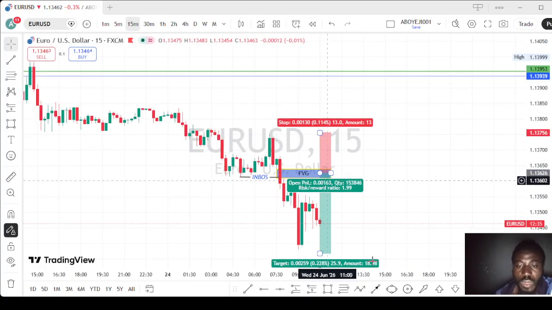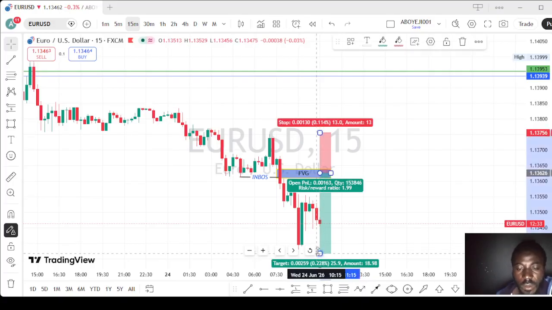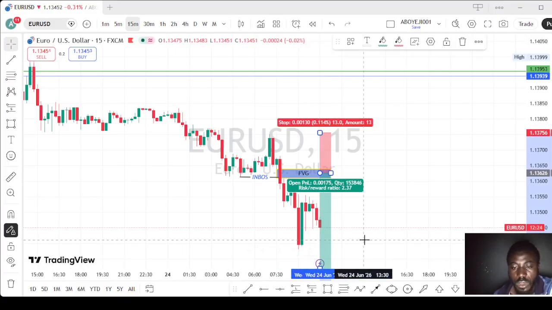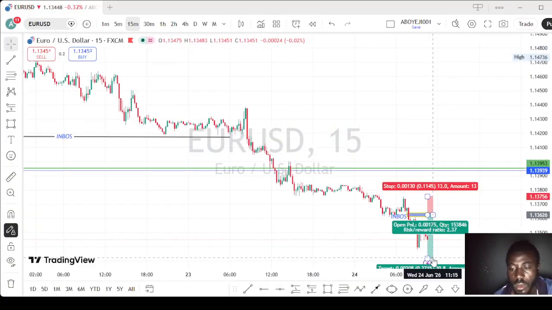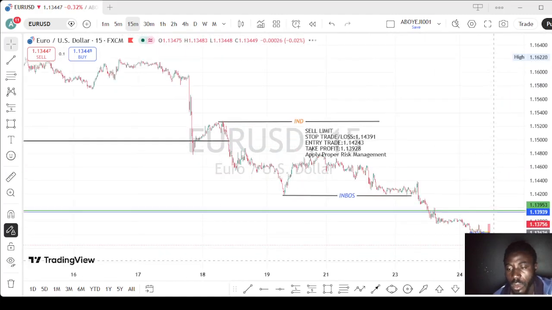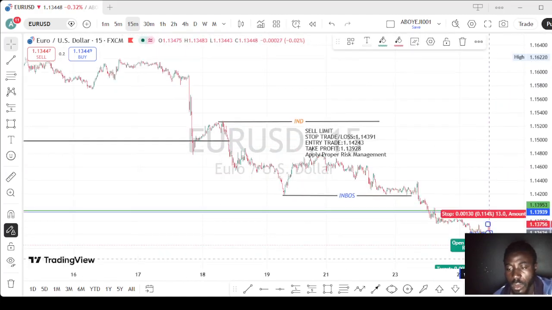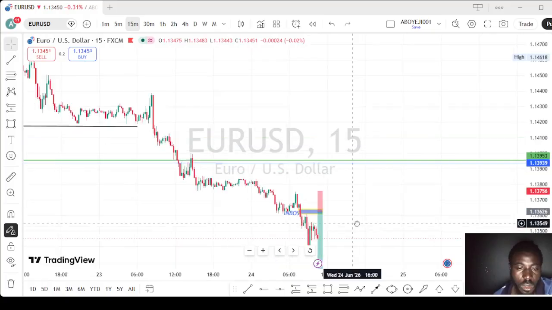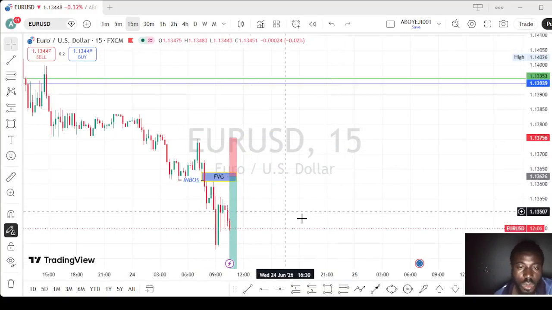Yeah, this is what we are having. We are selling the market again from here. Let's see one to three ratio. So 1:3 is okay. So this is where we are selling the market.